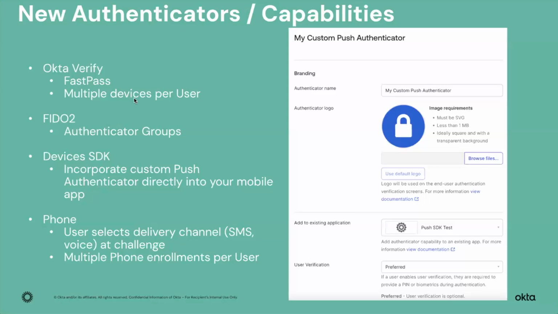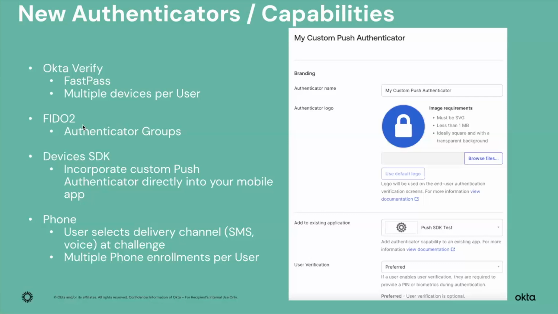There were ways to kind of hack that if you manually input the seed value, but that's a different story. But now Okta Verify natively supports multiple enrollments. And this can have some impact that we'll see in just a bit around using the Factors API for existing custom integrations. You can have multiple devices for Okta Verify.